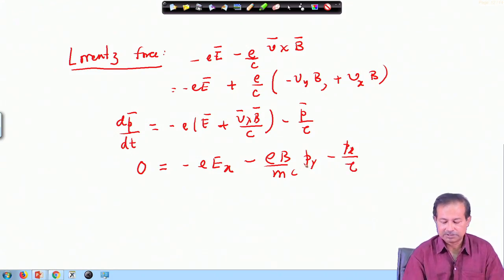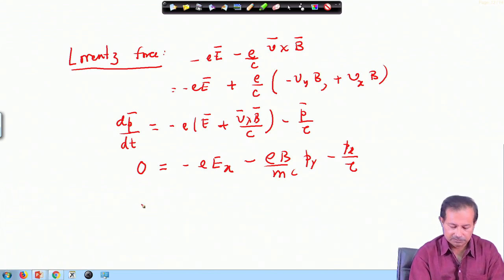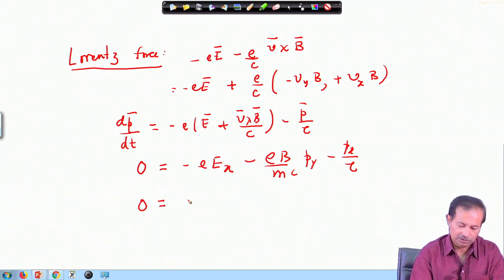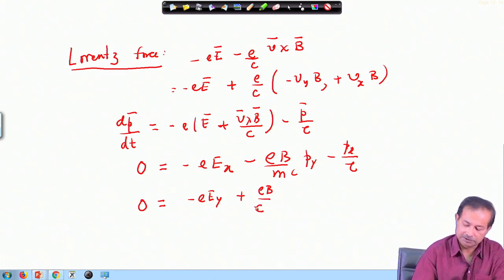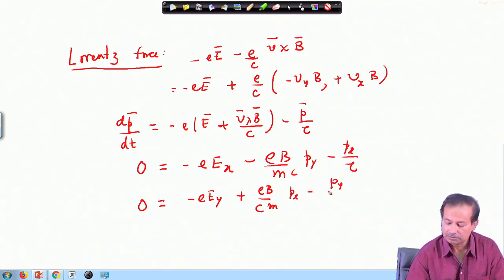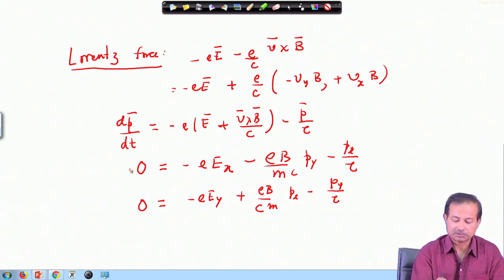Now, basically what I have done is I have written v as p by m, which will do for the y component also: minus e E_y plus eB by mc into p_x minus p_y by tau. So, these are the two equations that I have to simultaneously solve.